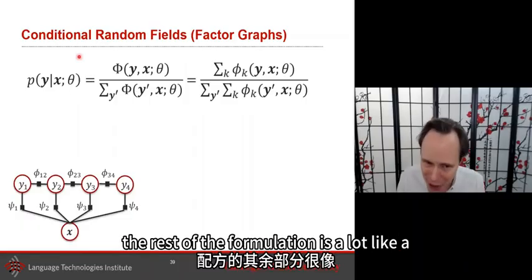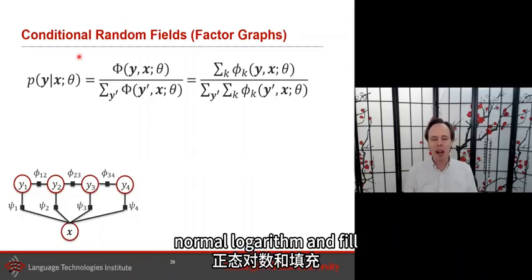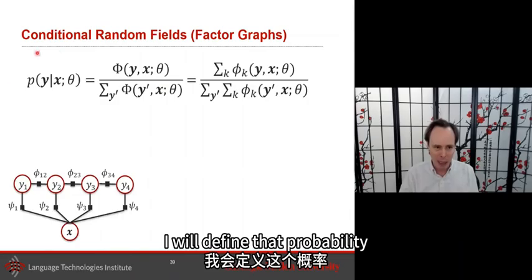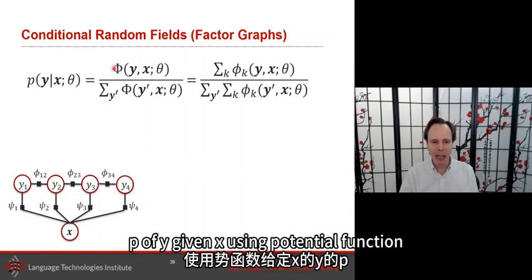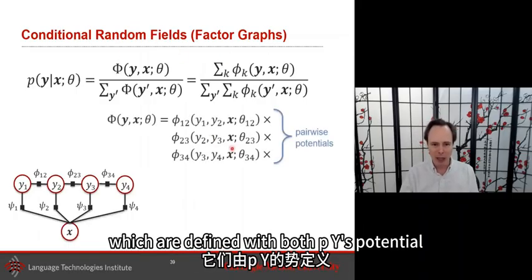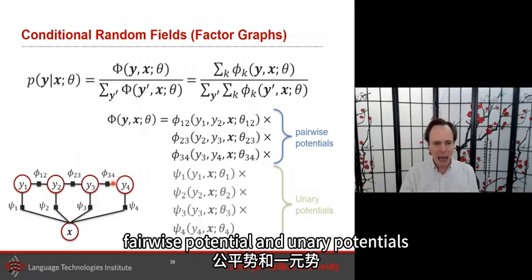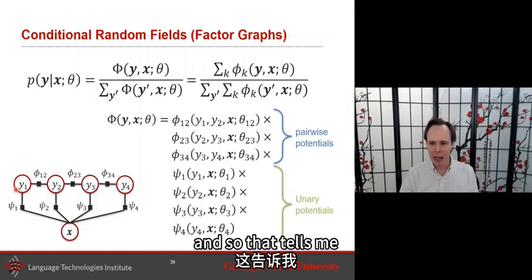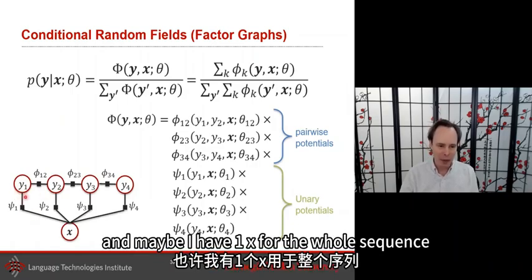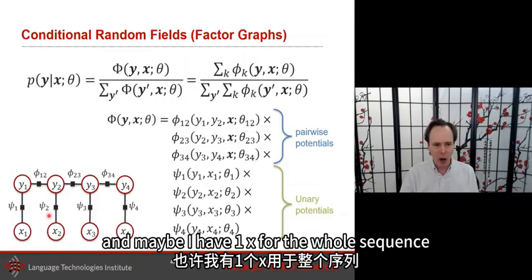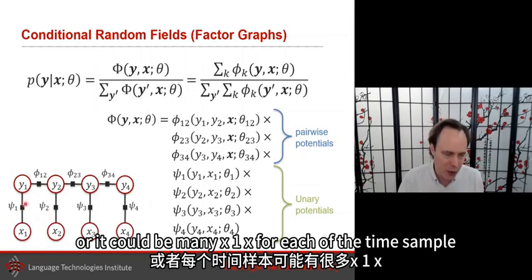The rest of the formulation is a lot like a normal Markov random field. I will define that probability, P of Y given X, using potential functions, which are defined with both pairwise potentials and unary potentials. And maybe I have one X for the whole sequence, or it could be many X, one X for each time sample.